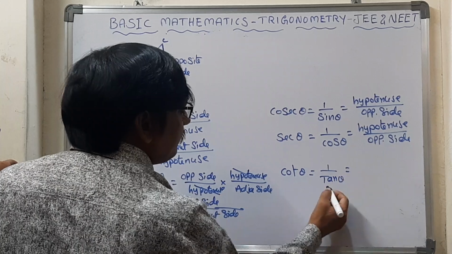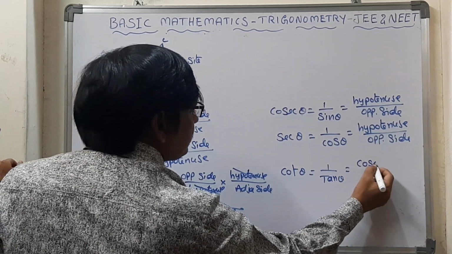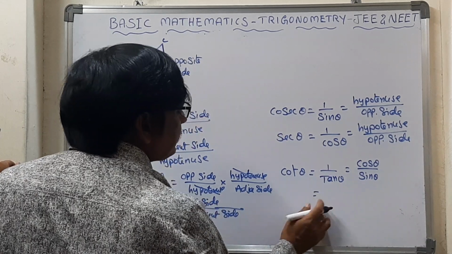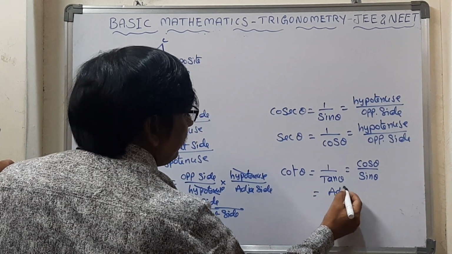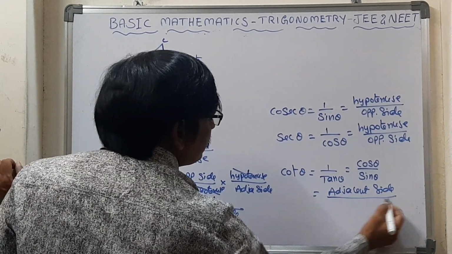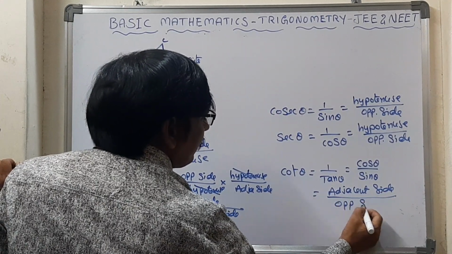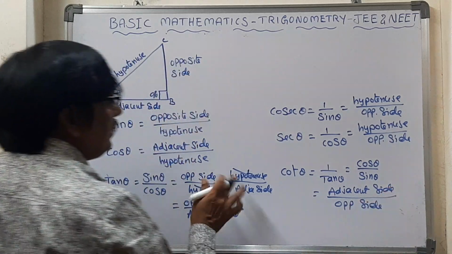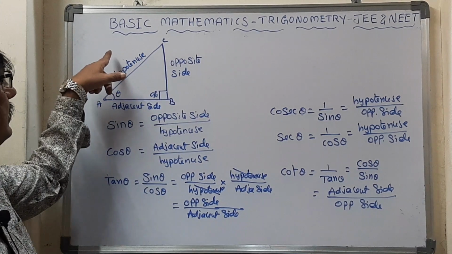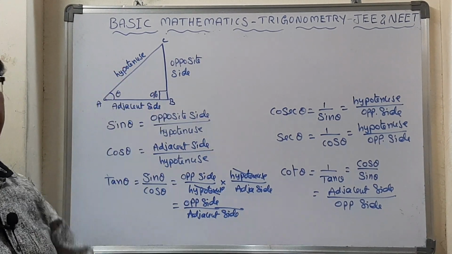Two formulas again we can write: cot theta is cos theta by sin theta, and also adjacent side by opposite side. This is about the basic trigonometric functions.